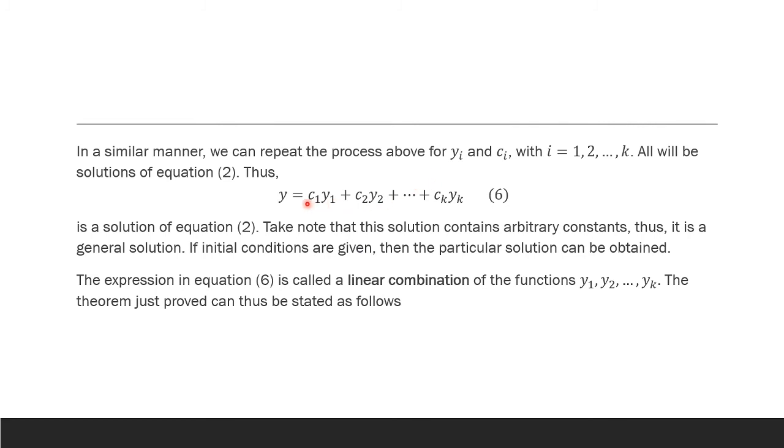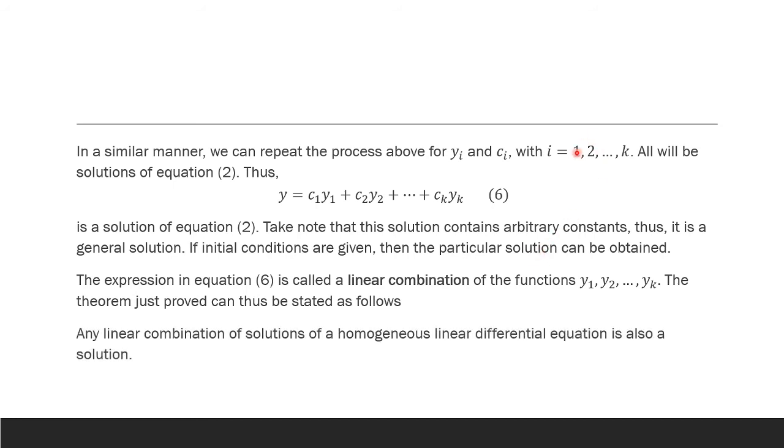Bakit general? Kasi class, we have c1, c2, up to c sub k, and those are arbitrary constants. And as long as may arbitrary constants pa tayo, hindi pa natin siya magagamit to solve for the actual parameters. So, ang kailangan natin ngayong gawin is i-apply yung mga initial conditions natin. At kapag in-apply natin yung initial conditions, makukuha natin yung particular solution natin.